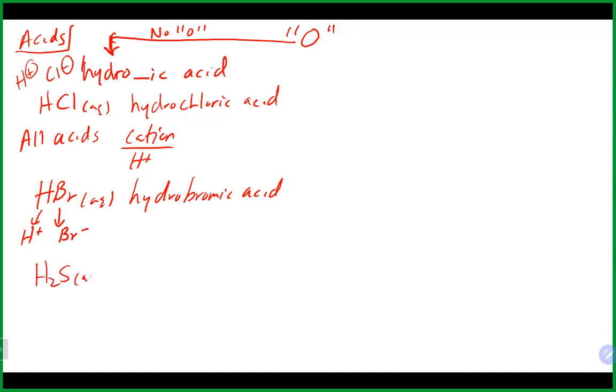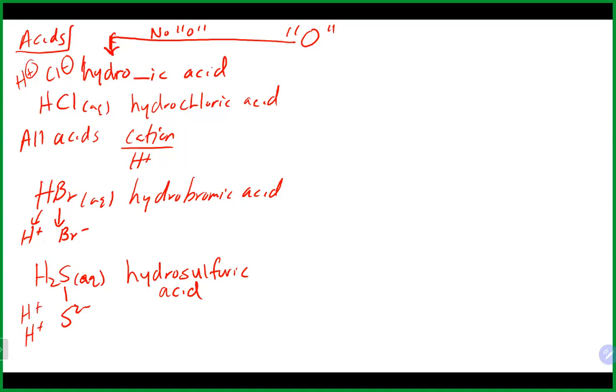H2S here, that's aqueous. That would be called what? Hydrosulfur, right? So hydrosulfuric acid. And in this case, we have 2 hydrogens. That is because of the sulfur here. Sulfur has a -2 charge. So we do need not 1, but 2 of those hydrogens to balance out the charge for our -2.